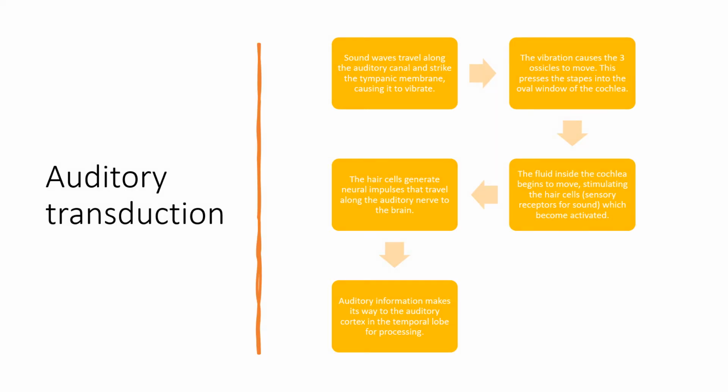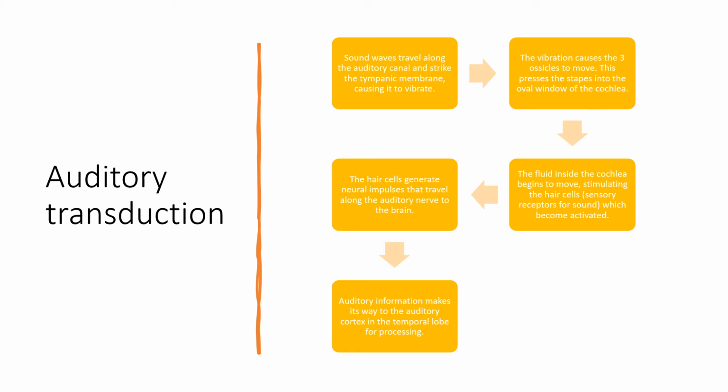So then what happens, and I want you to look at the third yellow block because this is where we are. We've already had sound waves traveling along the auditory canal, and then they strike the tympanic membrane, causing it to vibrate. Then this vibration causes those three auditory ossicles to move, and this presses the stapes into the oval window of the cochlea, and then the fluid in the cochlea begins to move, and this stimulates the hair cells.